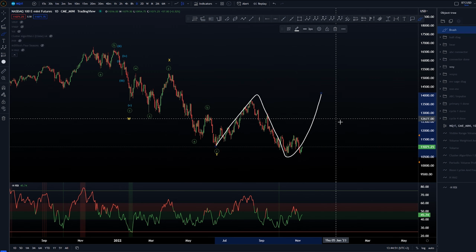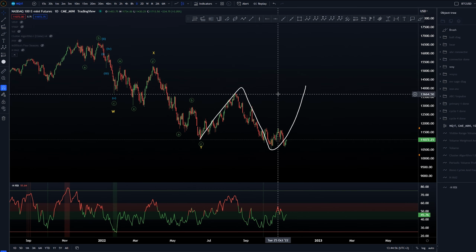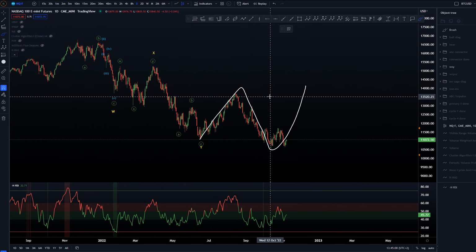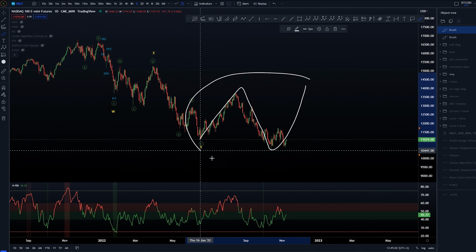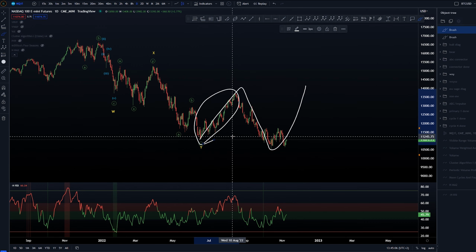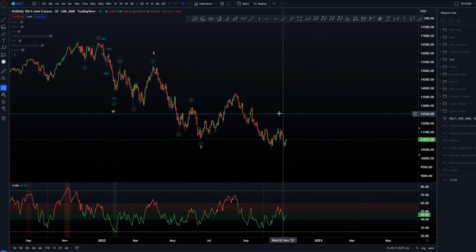This would be creating this larger WXY, which in time elements at least would be giving us a bit better look for this whole correction, because this would be a bit larger than this very small time frame correction here, and it gives more market symmetry overall. But both of them are definitely possible, and that's why we are tracking both of them.